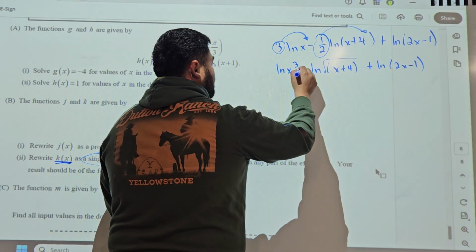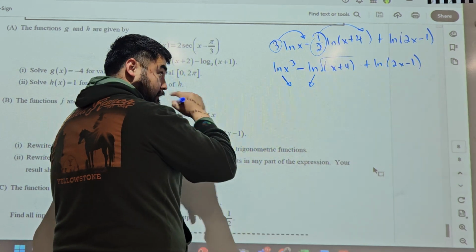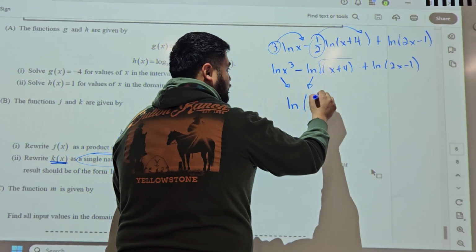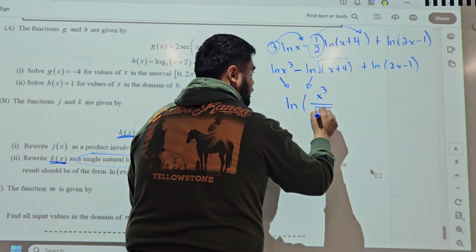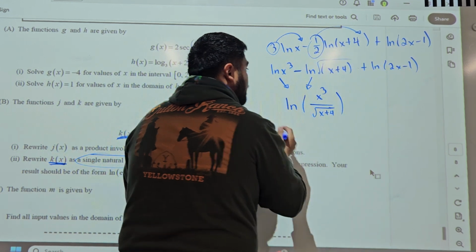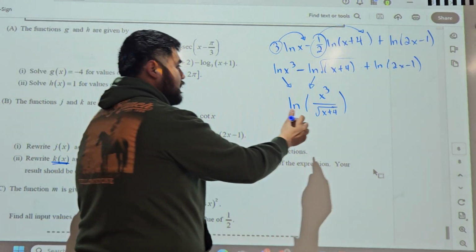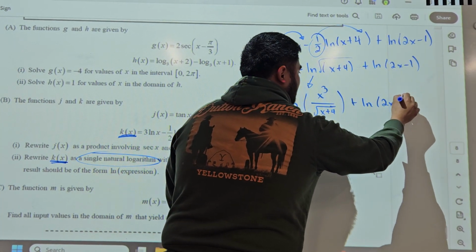Right? So now, what do we do? Well, you just go from left to right. So these two, we'll take care of them first, and we're condensing natural log. This one goes on top, because we're dealing with subtraction, so that means this is cubed, and the square root of x plus 4. And then you have natural log (2x minus 1).